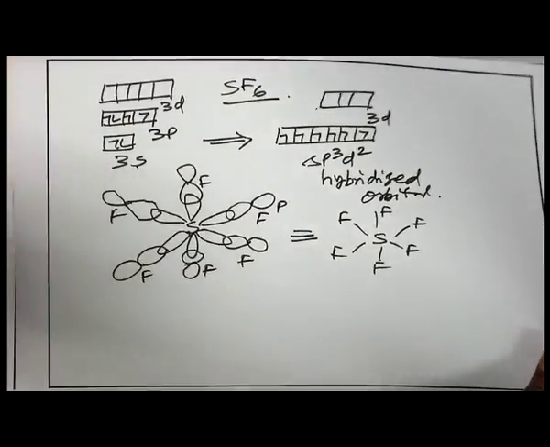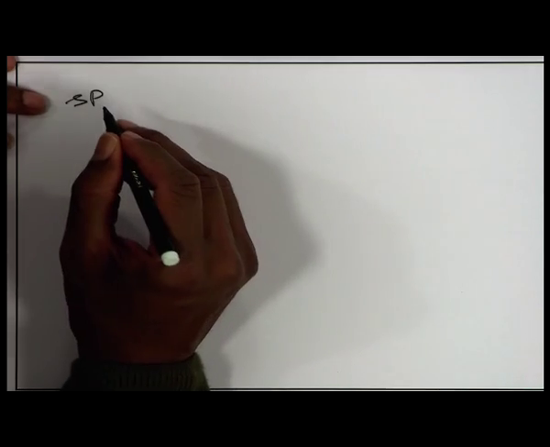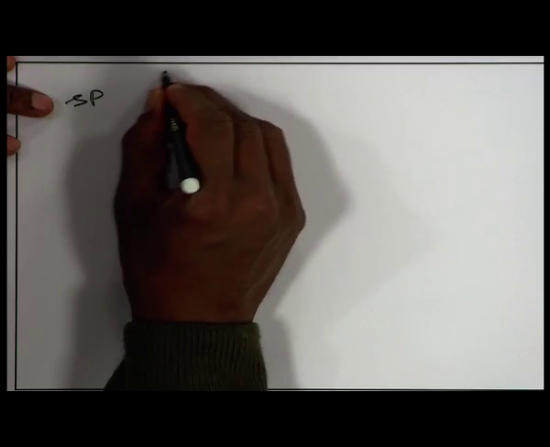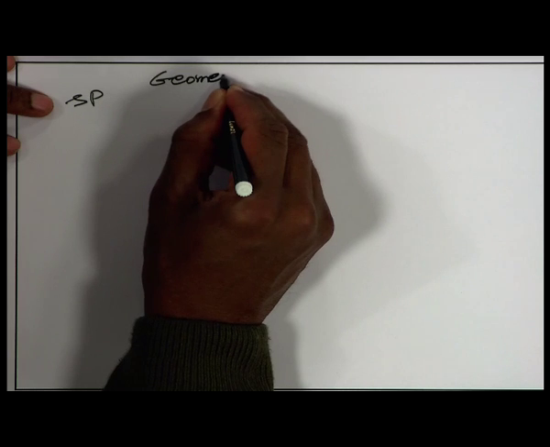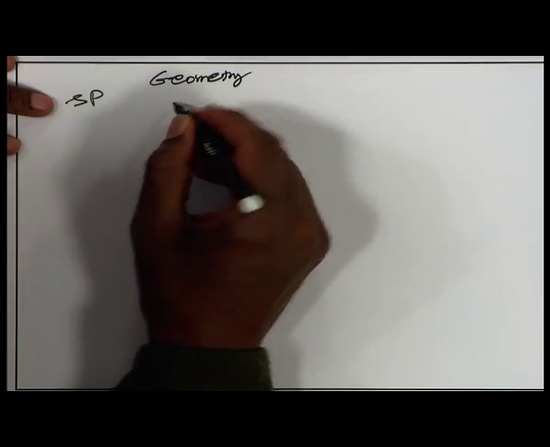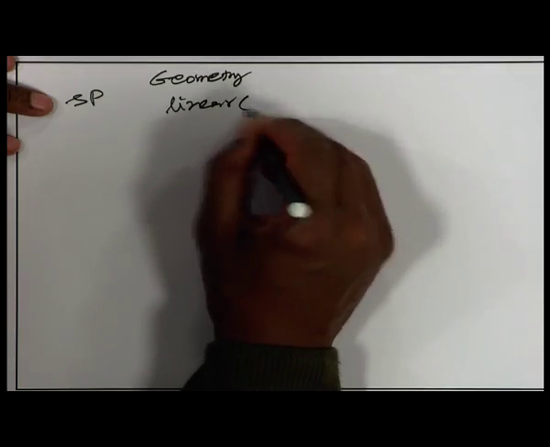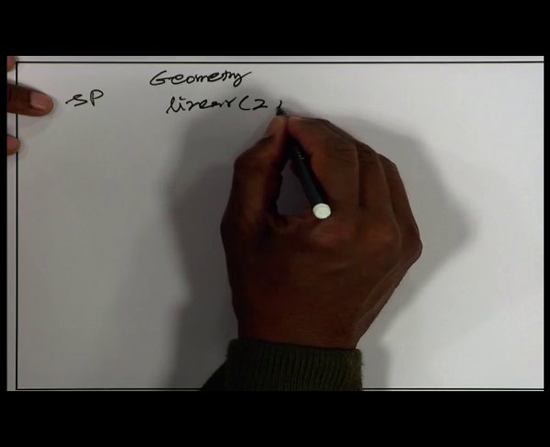So, sigma bonds are formed by overlap of the atomic orbitals. Let me summarize them. If you have sp hybridization, the expected geometry is linear. The geometry is linear, which means it has 2 sigma bonds.